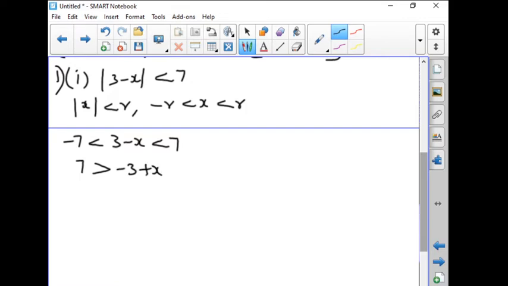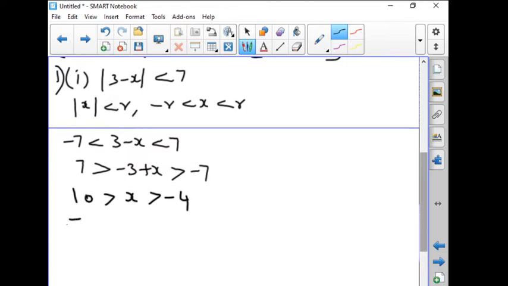We are multiplying throughout by minus and this also becomes greater than minus 7. Now add 3 throughout. So what you have? 10 greater than x greater than minus 4.